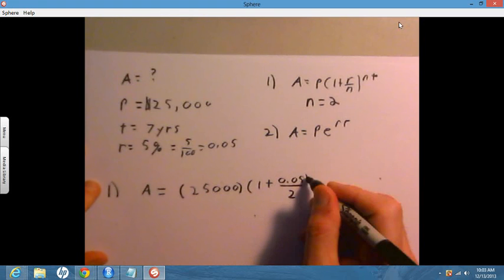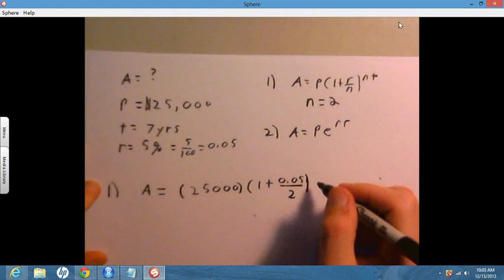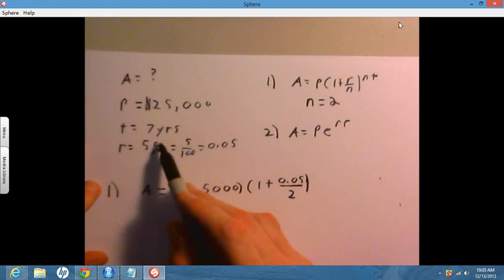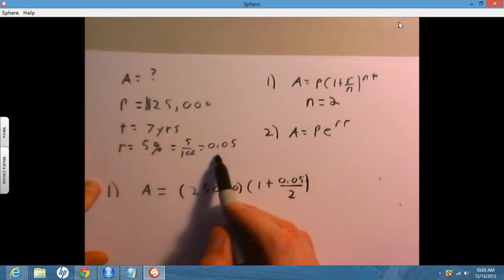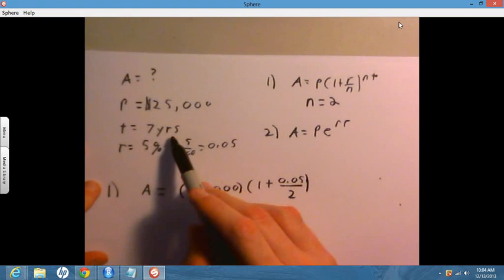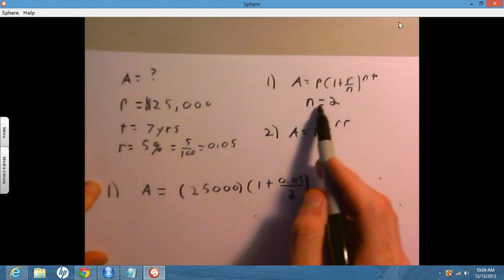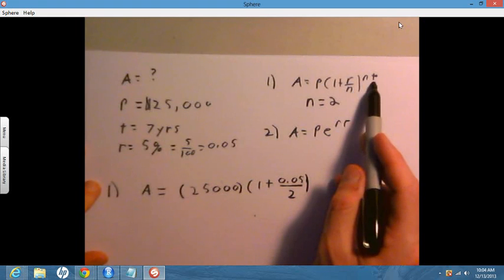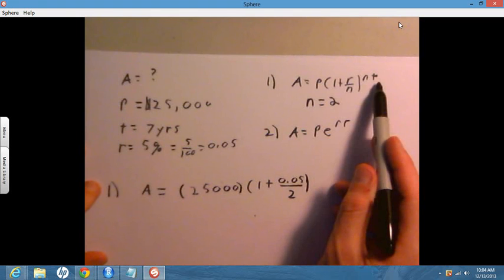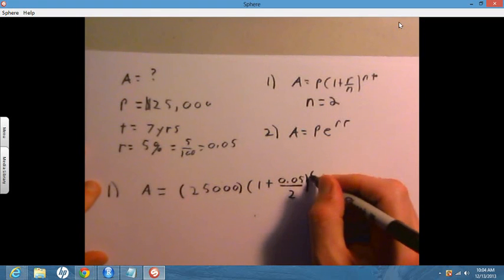And it's raised to the N times T. Oh, I'm sorry. T is equal to 7, and N is equal to 2, and we're raising to the N times T. Notice this is R times T over here, this is N times T over here, so we're going to have 2 times 7.